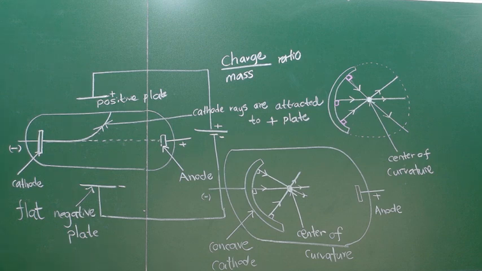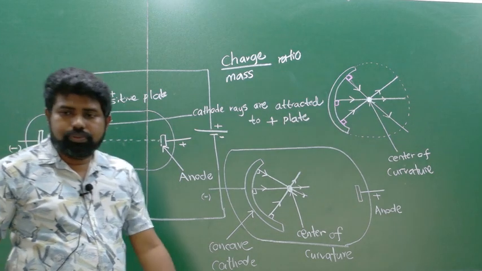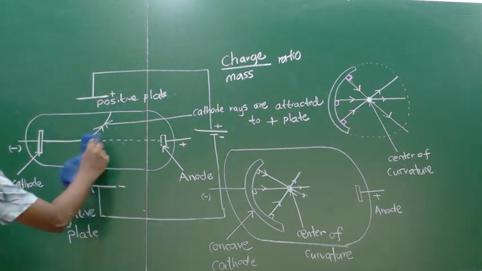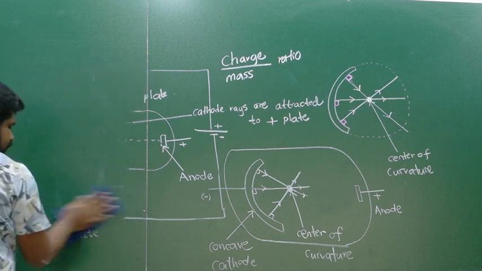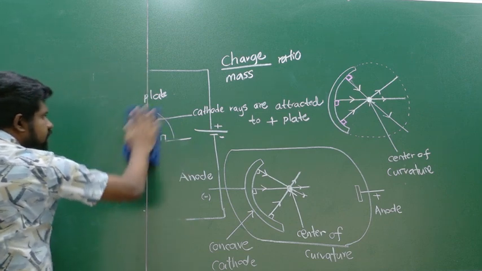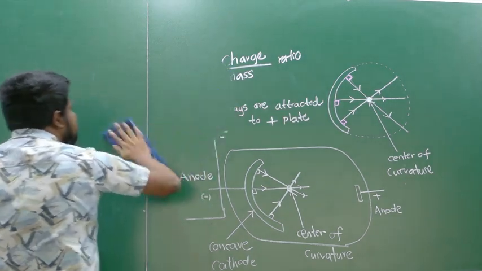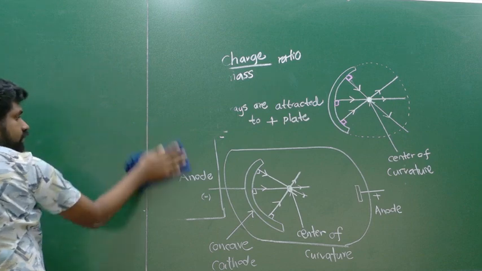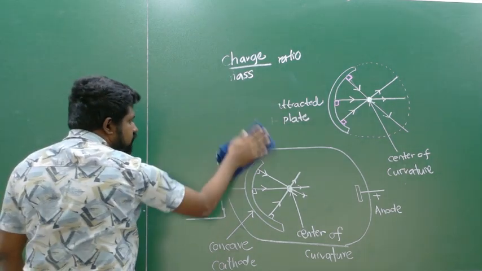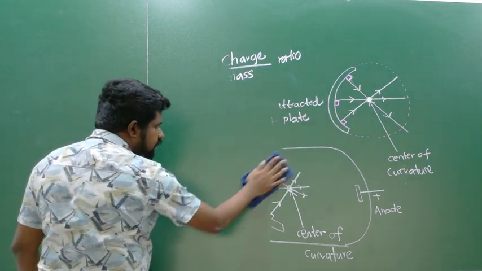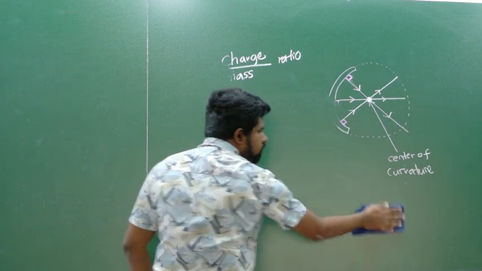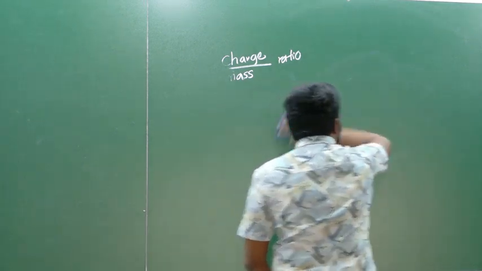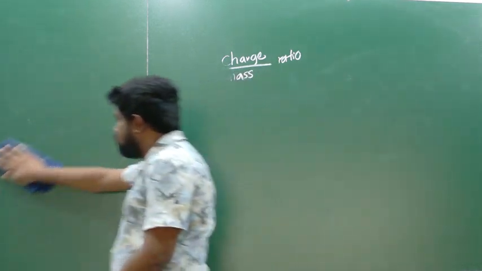That means the charge divided by mass ratio. So, very important thing. Thomson did a separate experiment of his own, and he found a special property for cathode ray particles, that is the charge to mass ratio.